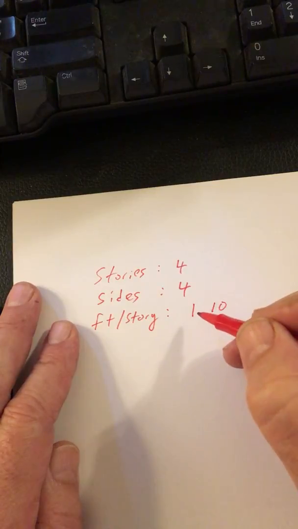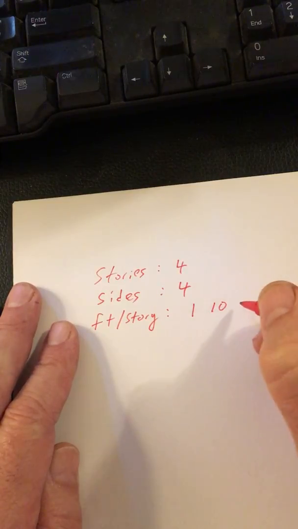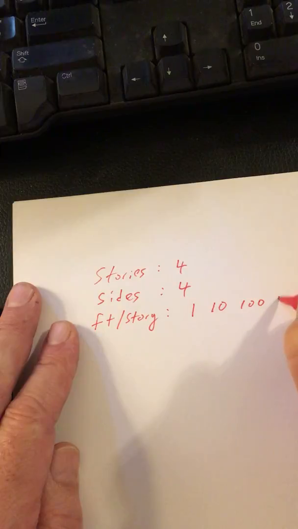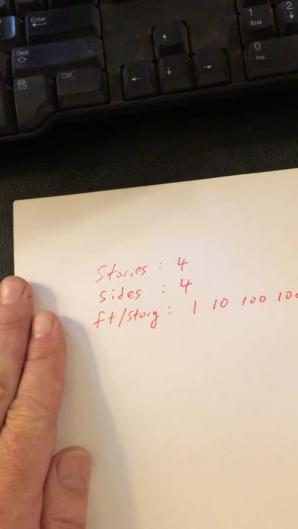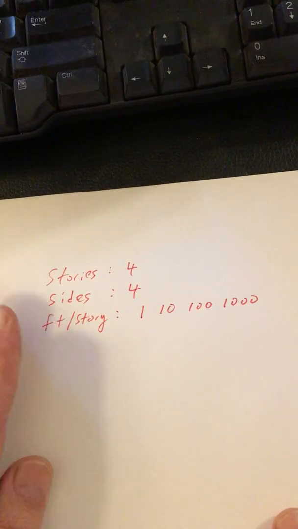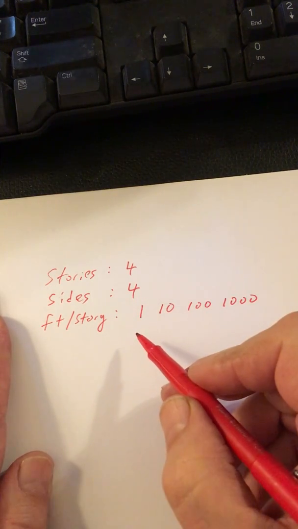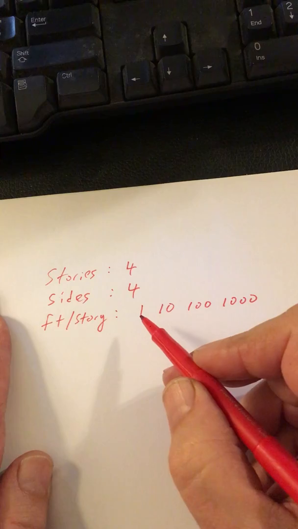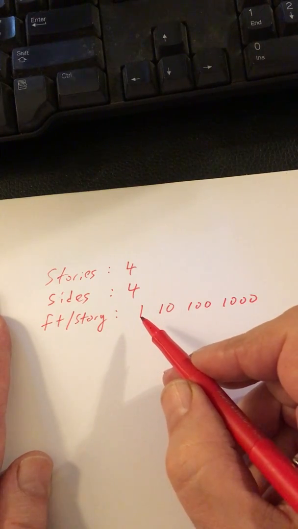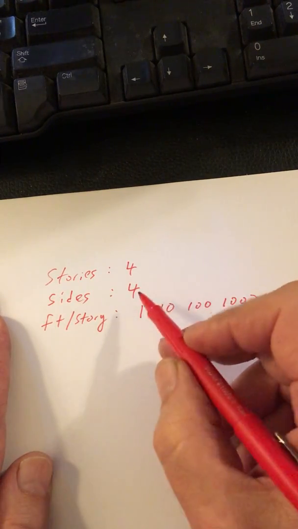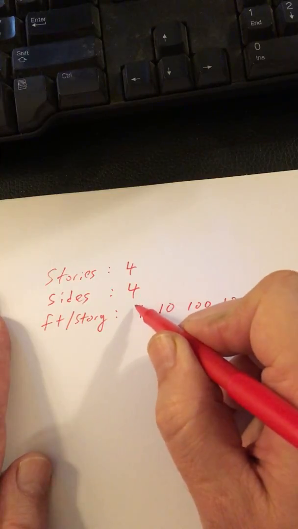So we could say 1 foot, 10 feet, 100 feet. I'll even write down 1,000, even though that's not really reasonable, and we know that. But by the process of intuition and common sense, so to speak, we eliminate the unreasonable powers of 10.